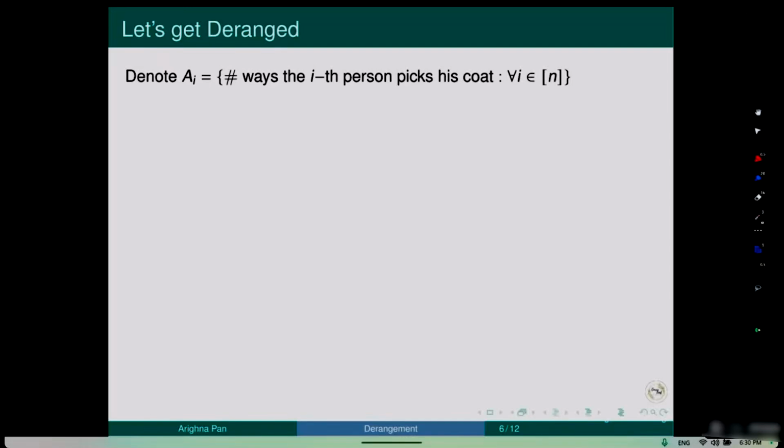Now, what is the size of Ai then? That should be n minus 1 factorial, right? Because the ith person is getting his coat, that is fixed, but the rest of the n minus 1 coats get picked by the n minus 1 mathematicians randomly, and we have n minus 1 factorial many choices.